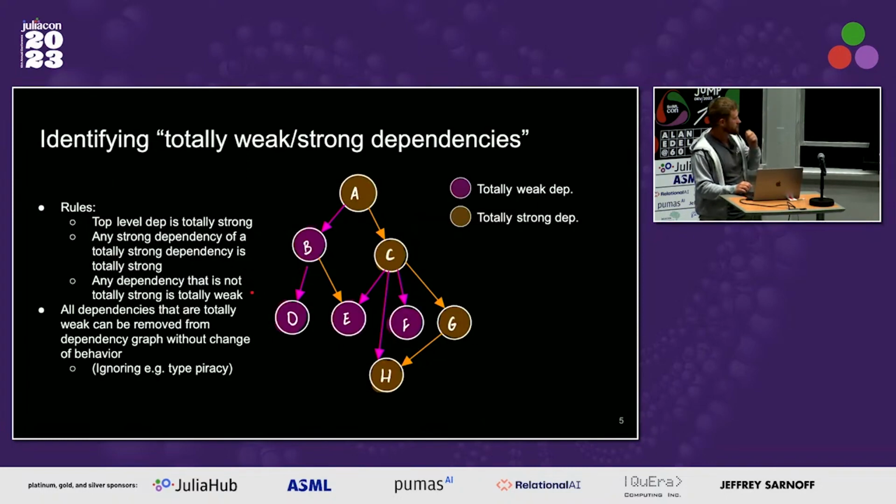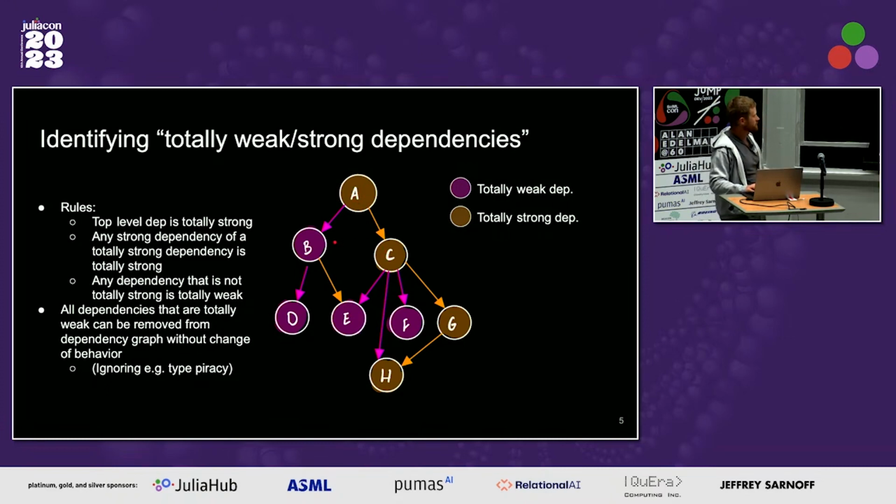And then we can start coloring these dependencies if they are totally weak or totally strong. So we can have a rule here that the top level dependency is totally strong. I mean, you can always call into your top level dependency. And any strong dependency of a totally strong dependency is also totally strong. So C here is a strong dependency of A, and A is totally strong, so C is going to be totally strong.